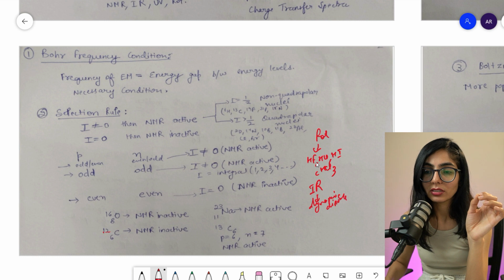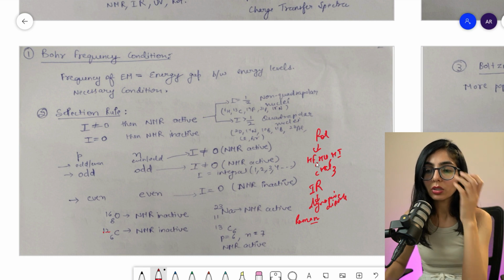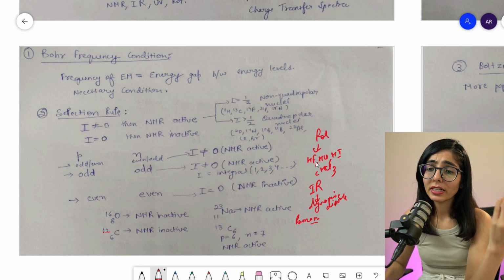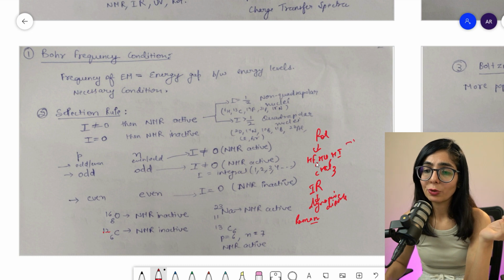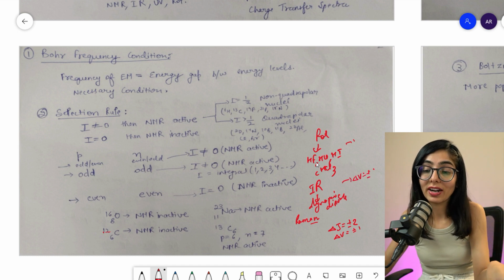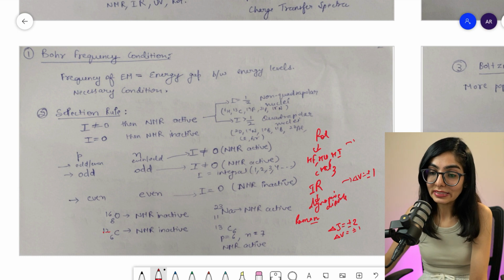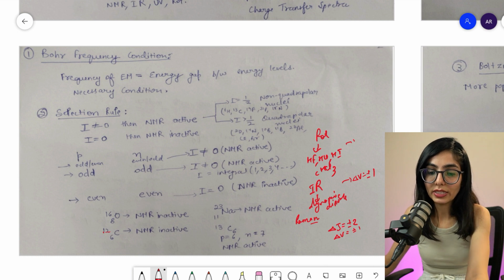And in Raman, you should have a changing dipole moment again. Mathematically, in Raman, J is equal to plus minus 2, and vibrational quantum number is plus minus 1, and in IR vibrational number is plus minus 1. You'll understand all these things more in physical spectroscopy.